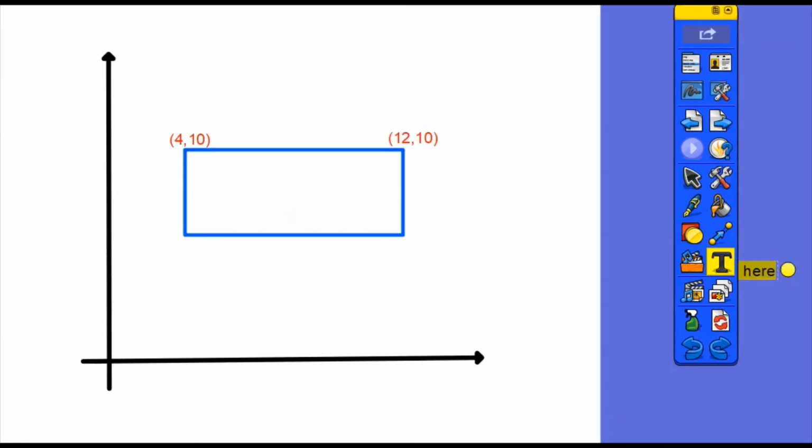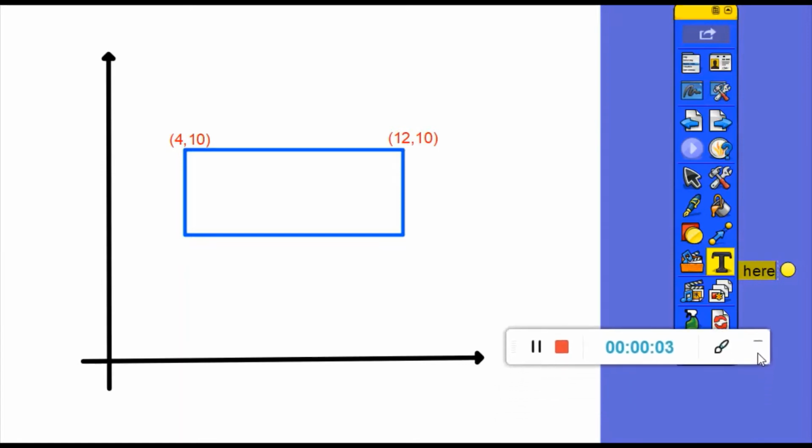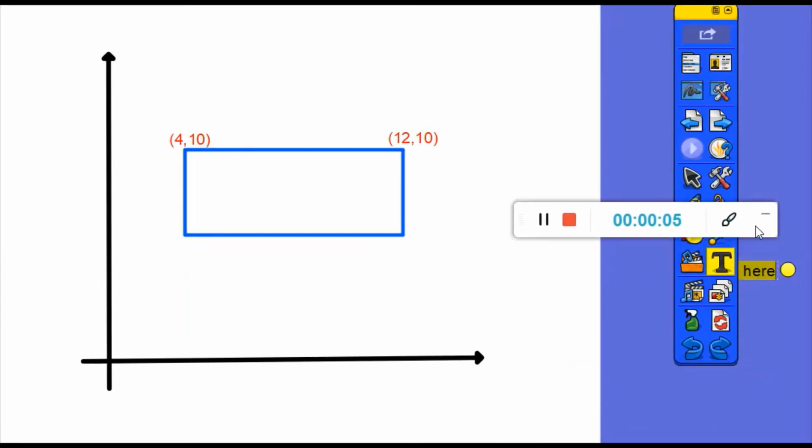Okay, let's have a look at this problem that we have here. Now this problem is confused by the fact that we don't have any labeling on our x-axis or our y-axis. We don't know where everything is.